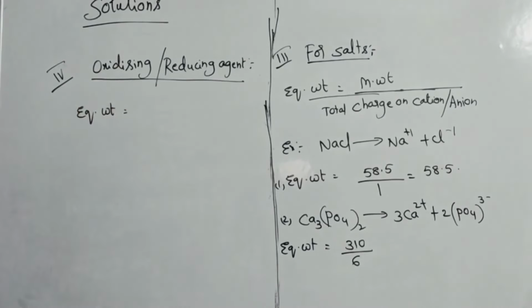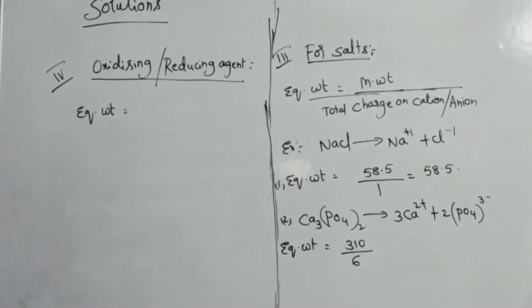So the basicity for oxalic acid is 2. That means the N value is 2, as 2 H plus ions are replaceable.